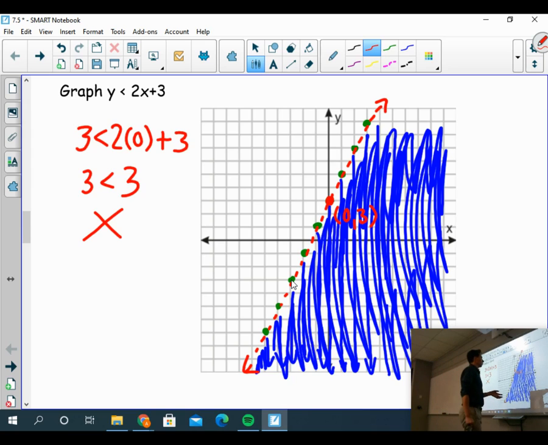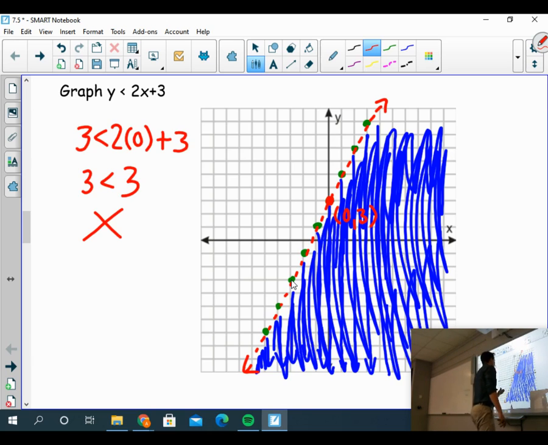As we saw earlier, all points below the boundary of the line y equals 2x plus 3 satisfy the inequality y is less than 2x plus 3. This whole blue shaded region contains all the coordinate points, and beyond if we would keep going to the right and down, all the potential coordinate points that will make that inequality true.